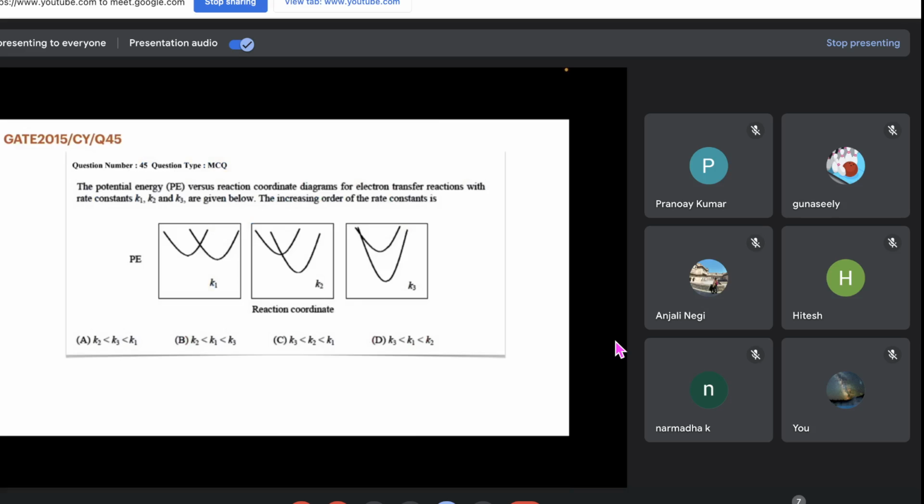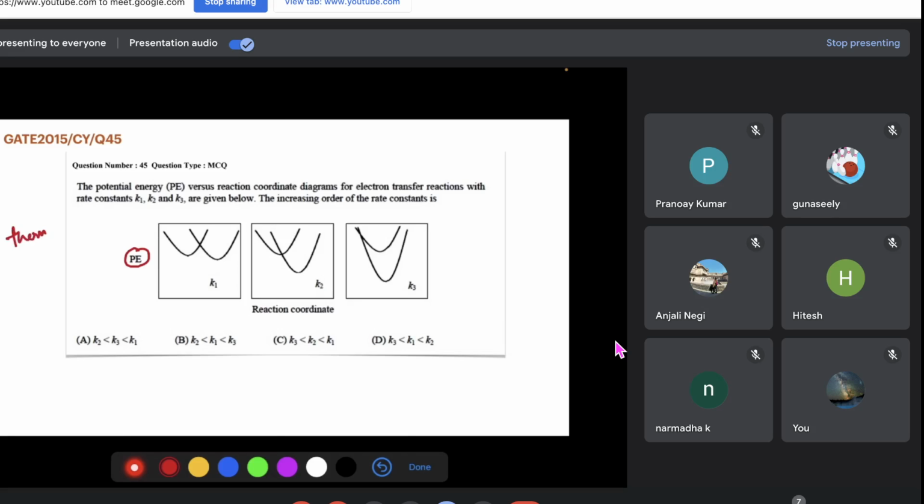So the potential energy of this that we were talking about. This is the electron transfer reaction, and here we have potential energy. This is basically the example of a thermal electronic transition, or thermal electron transfer reaction.